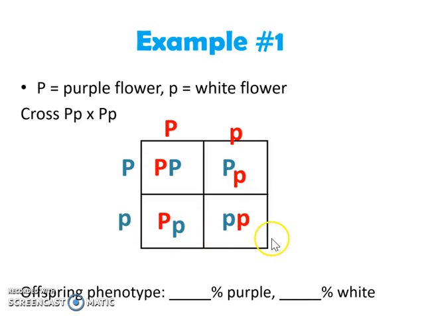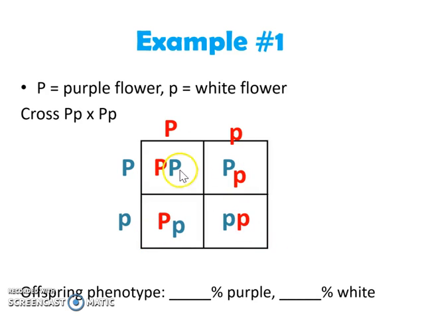So now we have 4 possible genotypes. Now we're able to tell the probability that these parents will produce children that have purple flowers or white flowers. So remember that the genotypes, if there is a capital letter, it will always be the dominant trait. So we have a capital letter here, here, and here.